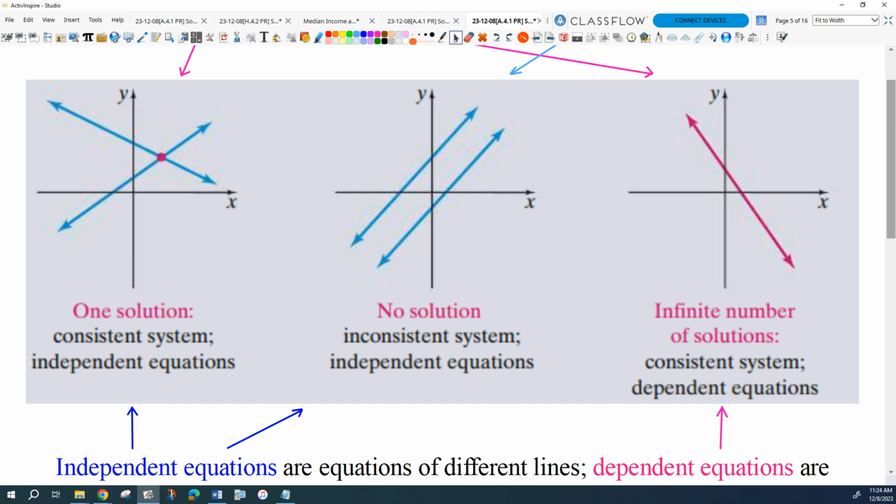This one is consistent independent, right? The middle one is inconsistent independent. And the third one is consistent dependent. And those are the only possible ways that we could build a linear system with two lines. Okay? Make sense? Okay, and again, this will be in your notes, so you can refer back to this.